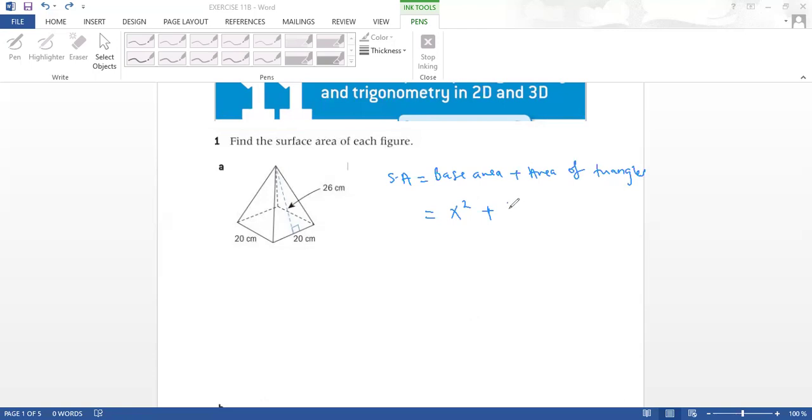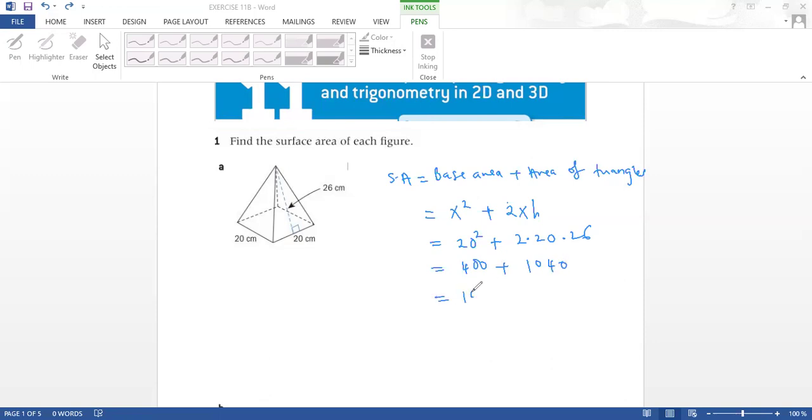So notice that therefore, if we do half times 4 is 2, times base, the same as the square, then times the height of one triangle each. 20 squared plus 2 multiplied by base multiplied by height, 26. 400 is the answer for the first case, and then plus this is 40 times 26, which is 1040.